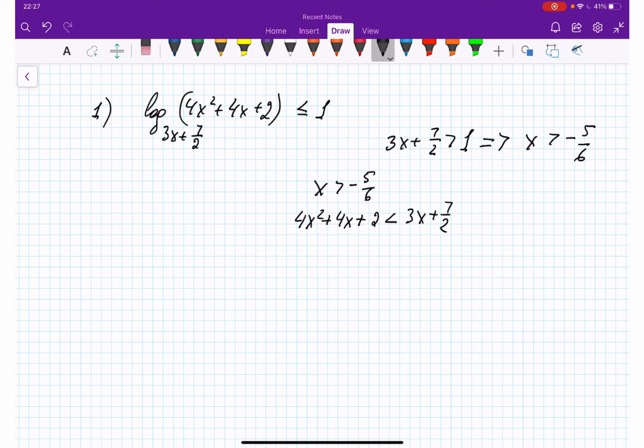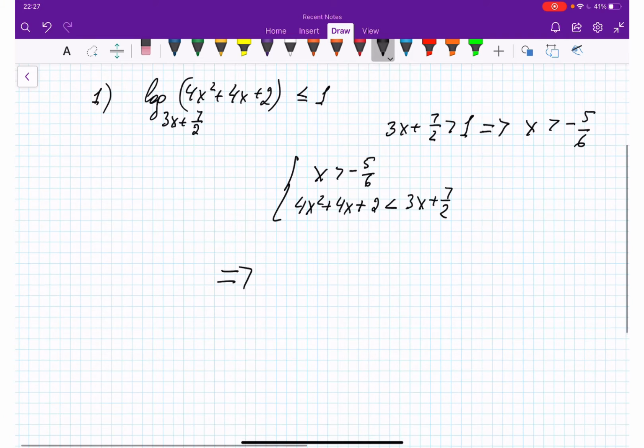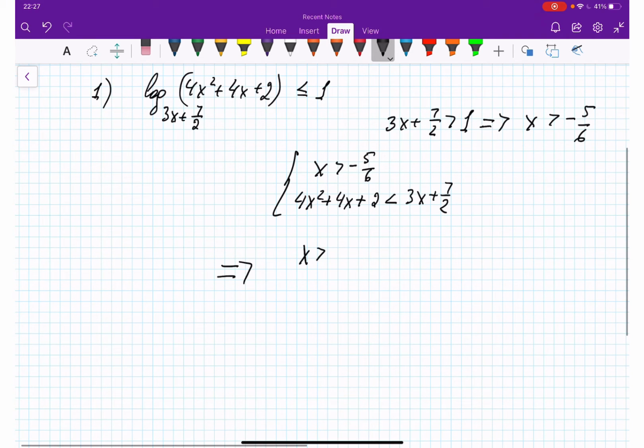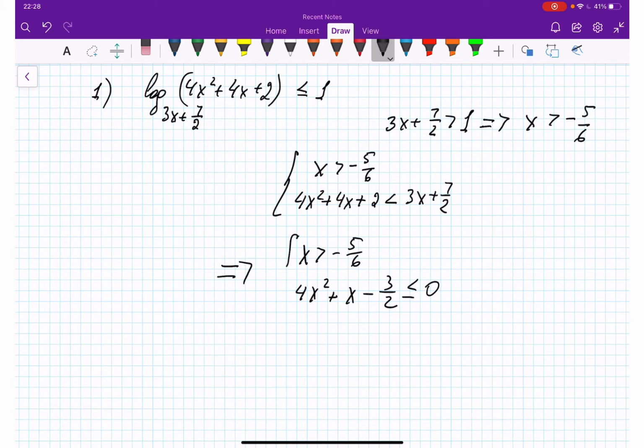For the base and the expression under the logarithm, we are going to explore both the greater and less cases. From here we get x greater than negative 5 over 6, and 4x squared plus x minus 3 over 2, with basic simplification, less or equal 0.